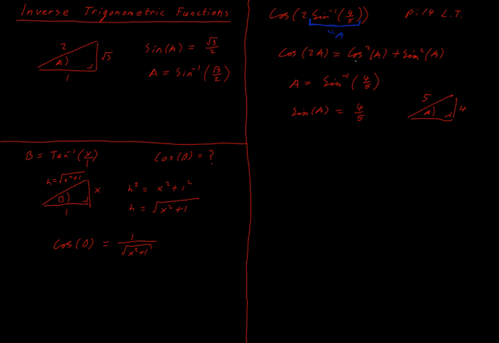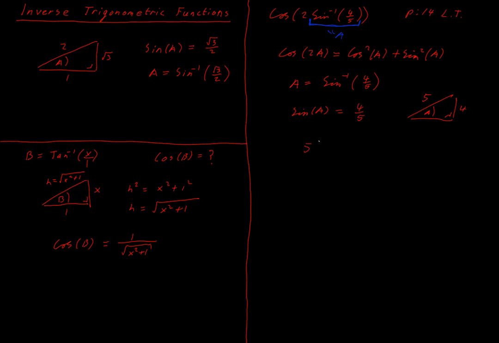We do, because we want to know what cos of A is. We've already got sine of A, and we're just going to square it, but we need to find cos of A, so we need to find this third side so we can get the cos of our angle. So we're going to use Pythagoras again.